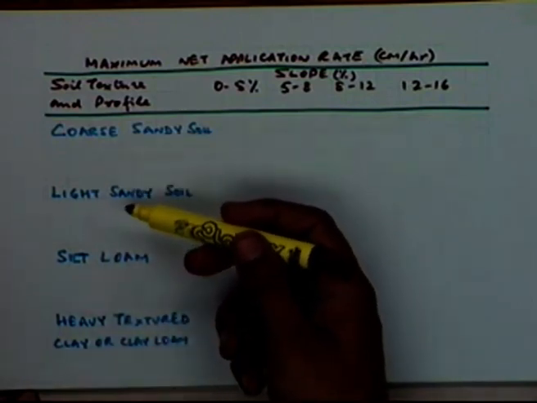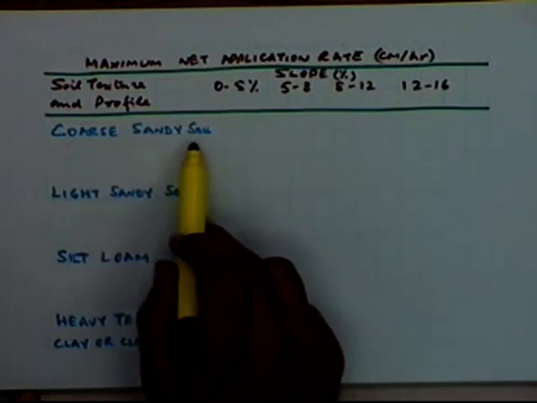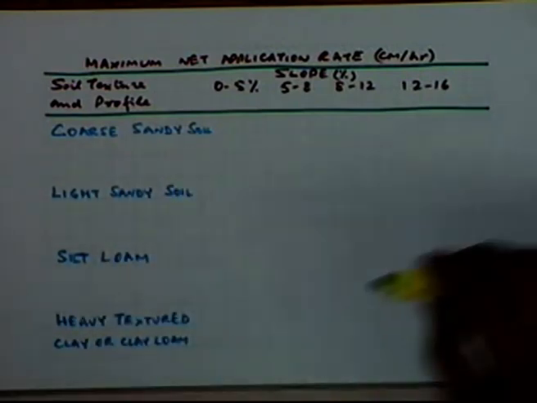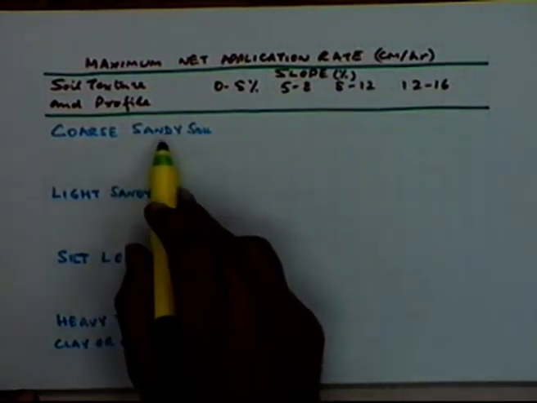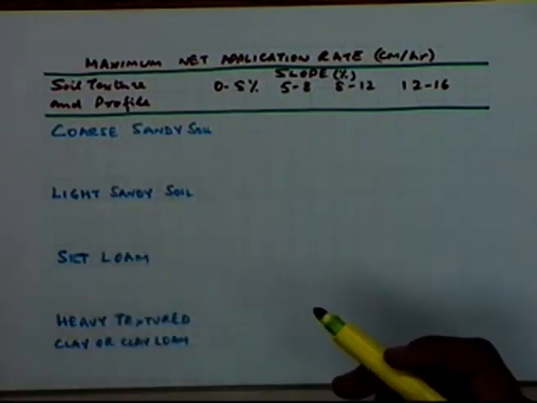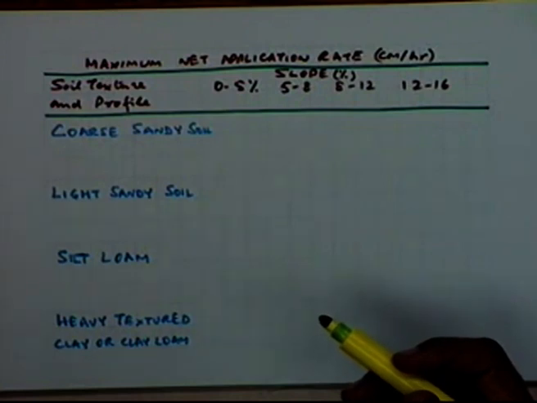These are divided into these broad categories: the coarse sandy soil, that is the soil texture, and the profile is given in terms of whether the depth of the soil is less than 2 meters or beyond 2 meters.